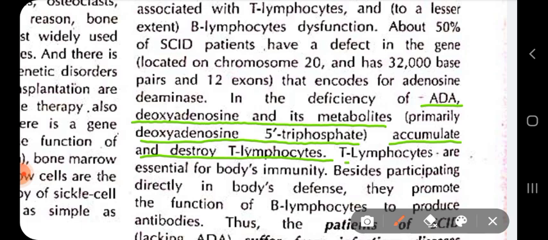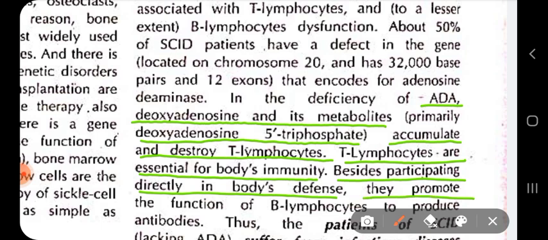Well, we know that T lymphocytes are very essential for the body's immunity. Besides participating directly in the body defense, these T lymphocytes promote function of the B lymphocytes to produce antibodies. You have studied the immune system in class 12, that T lymphocytes are also responsible for the activation of B lymphocytes to generate antibodies during cell mediated immunity.